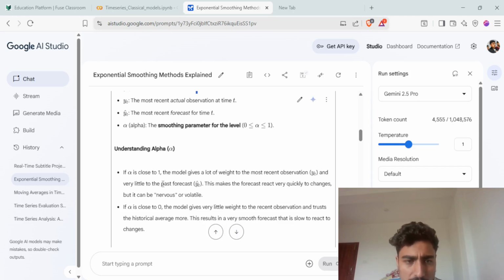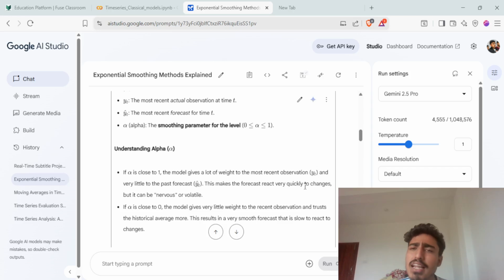The forecast is denoted with Y-hat t, and the recent observation is normally Y t, and the smoothing technique gives more weight to the observed value, not the forecasted one. It makes the forecast change very quickly, but it can be nervous or volatile.